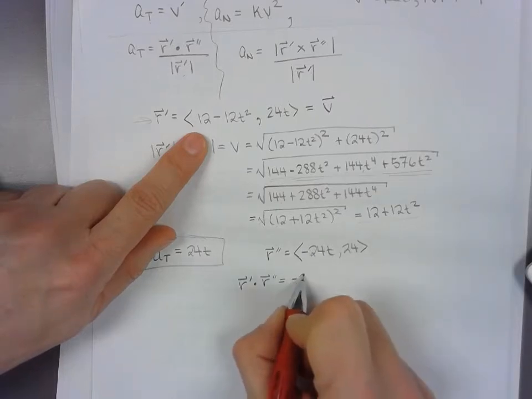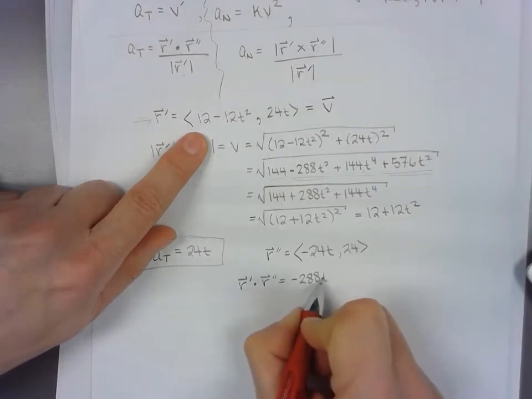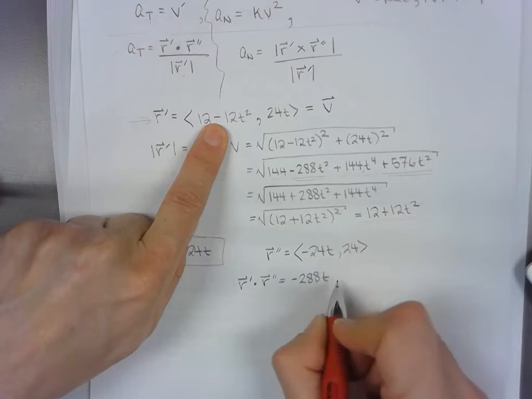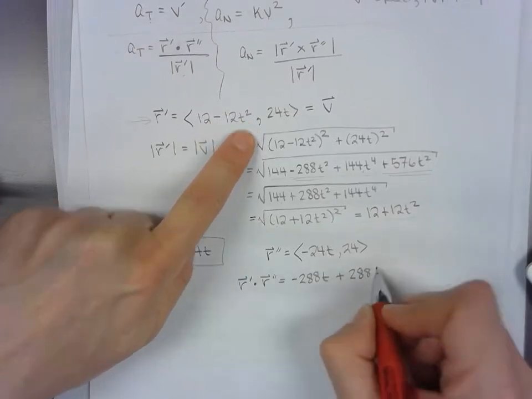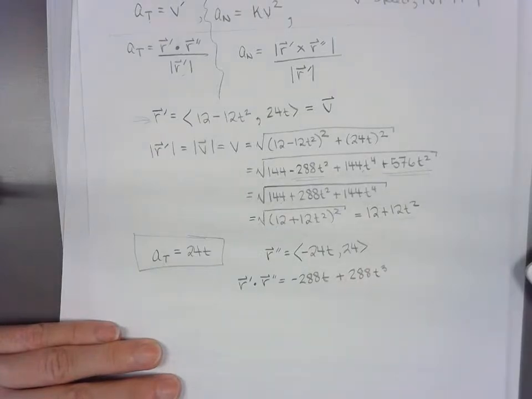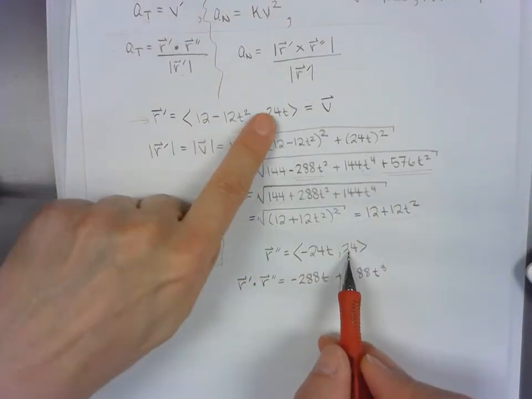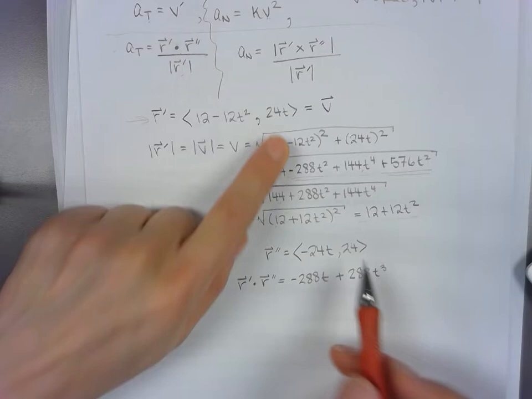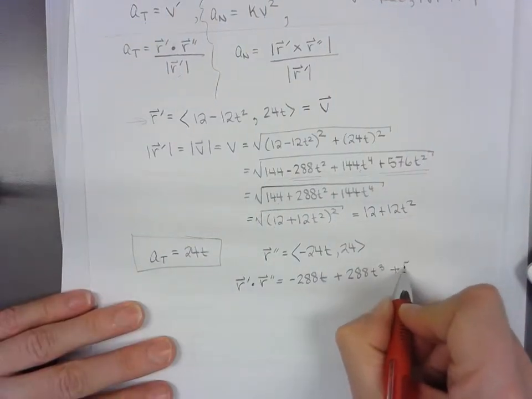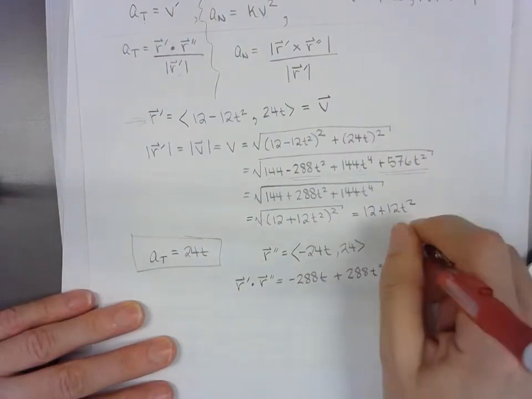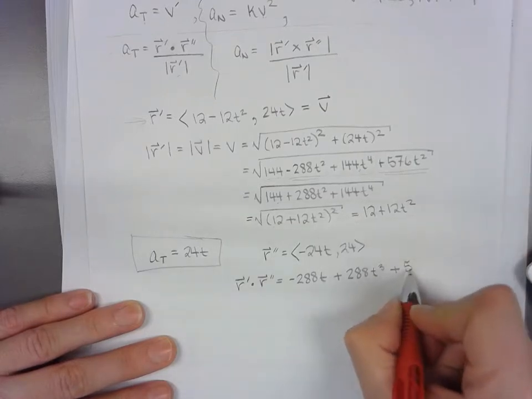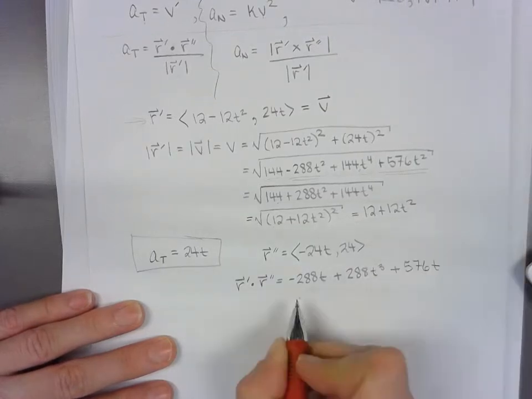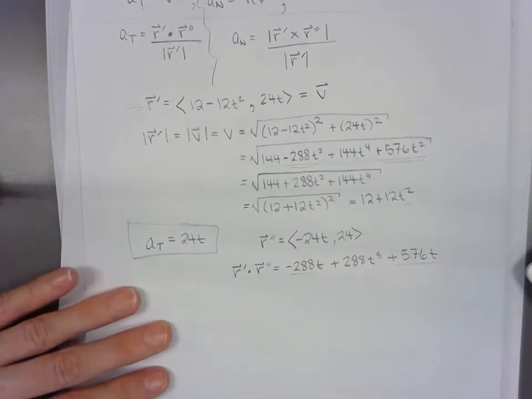Negative 288t, and negative times negative is positive, 288t times t squared is t cubed. And then second times second would be 576t. When we add those two together, we get plus 288t.